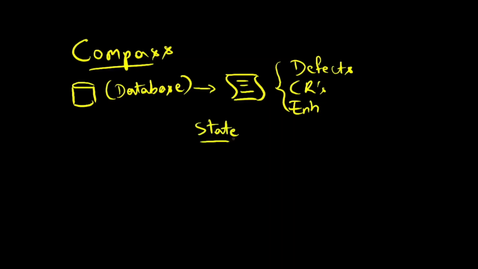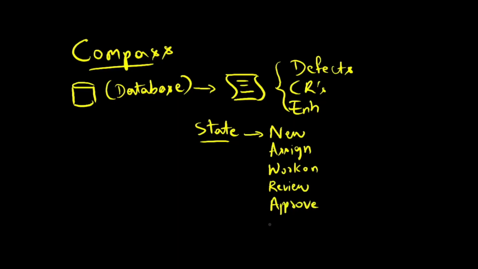For example, the record will initially be in the new state and then assigned to a specific developer who has to work on it, and he will then move it to the work on state. Once it is moved there, he will do the corresponding changes on the source code, document all the necessary changes that are done in this record, and then further move it to the review state, approved state.